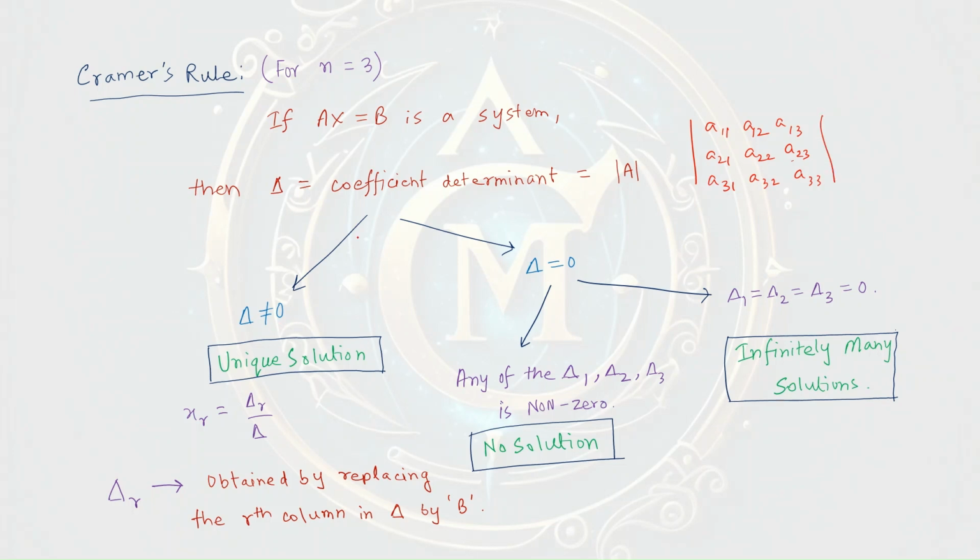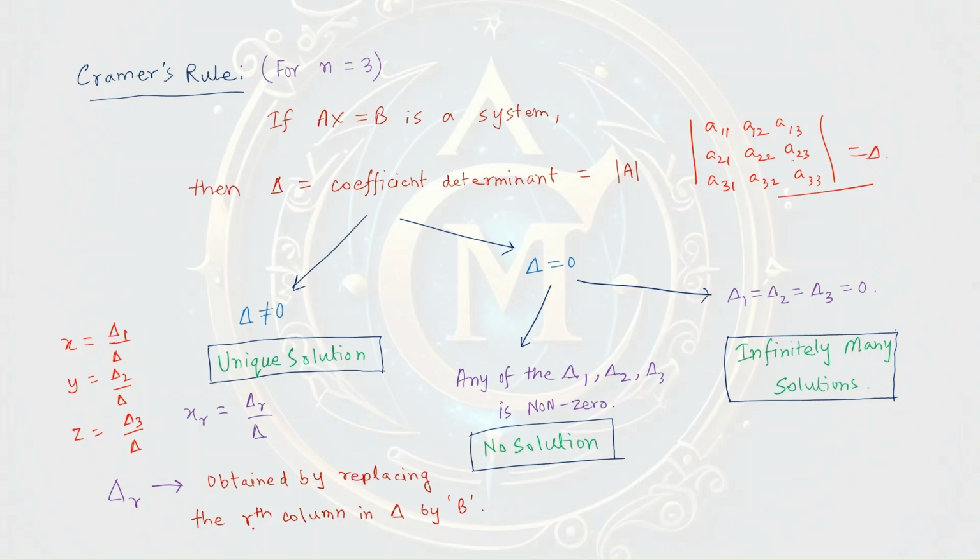So there will be two cases: delta is 0 and delta is non-zero. So if delta is non-zero, there is a unique solution. For three variables, this will be x equal to delta 1 by delta, y equal to delta 2 by delta, z equal to delta 3 by delta, where delta 1, delta 2, delta 3 are obtained by replacing the rth column in delta by B. So delta is this determinant.